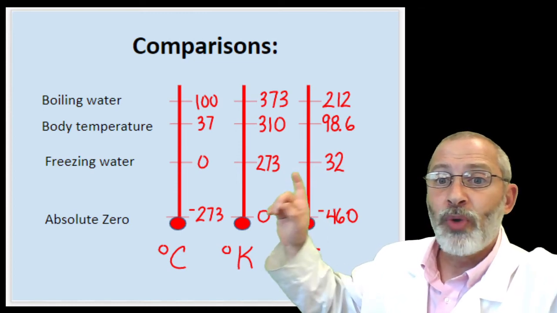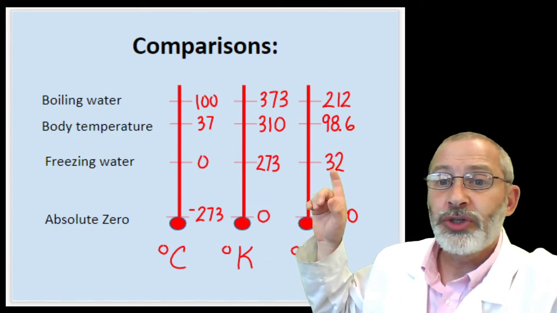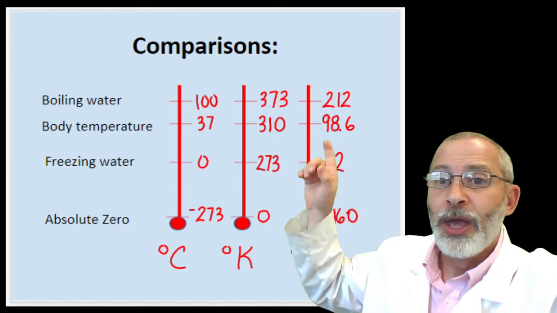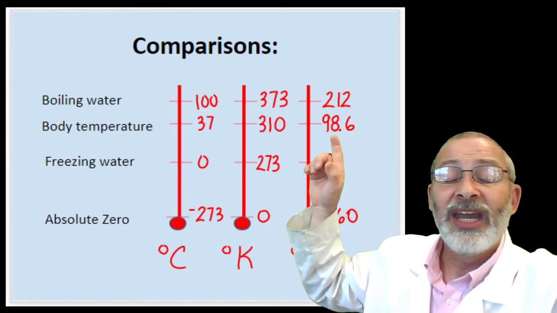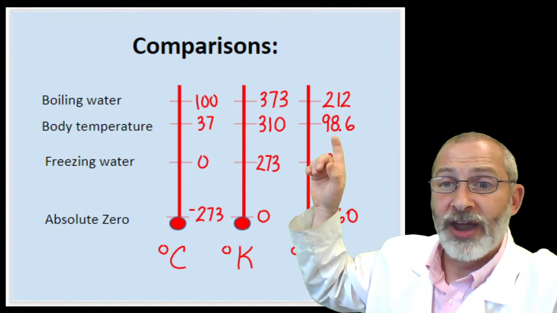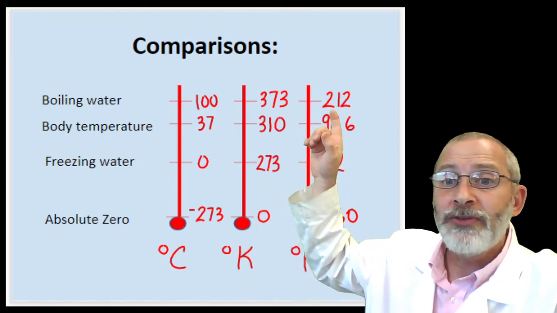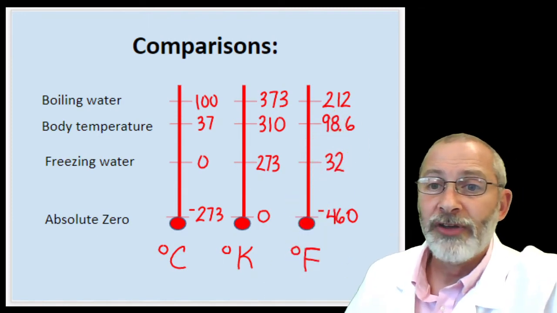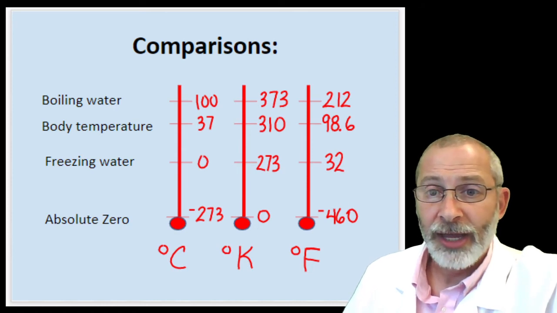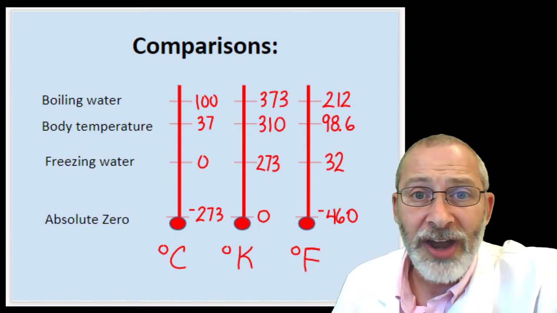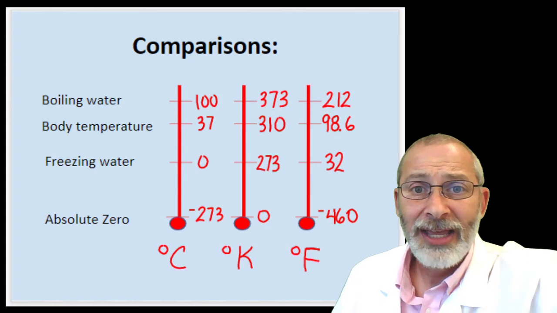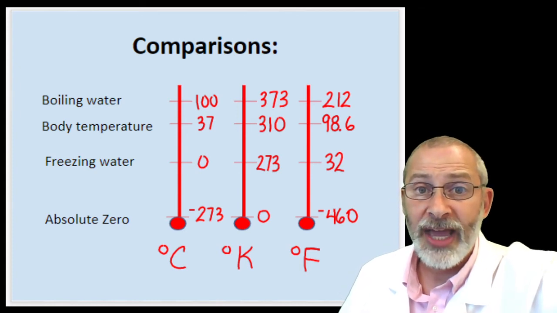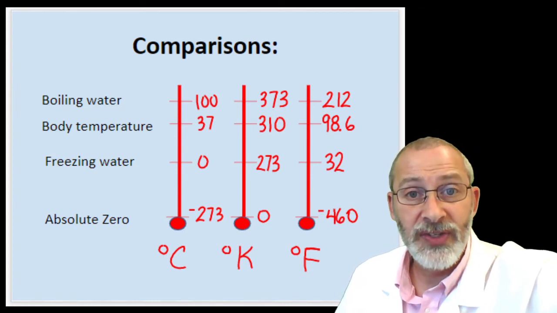The freezing point of water, 32 degrees Fahrenheit. Body temperature, 98.6 degrees Fahrenheit, and the boiling point of water, 212 degrees Fahrenheit. But as I said, we're not going to use the Fahrenheit scale after today, certainly not in the laboratory in science. We use the Celsius scale.